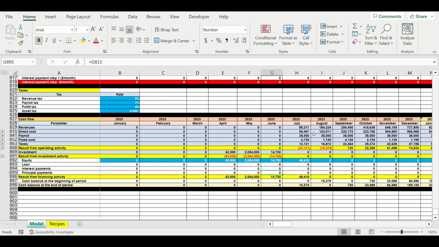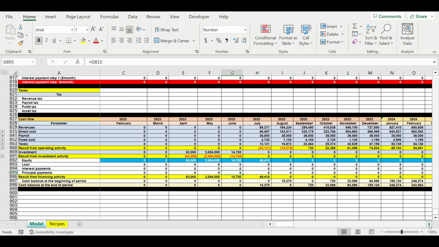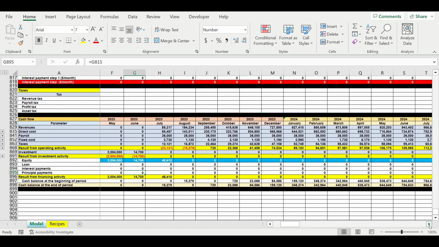Because when you are calculating yearly, you are not even able to see the real amount of financing. Because, for example, let's move here. If we look at 2023 here, we can see here the operating profit.